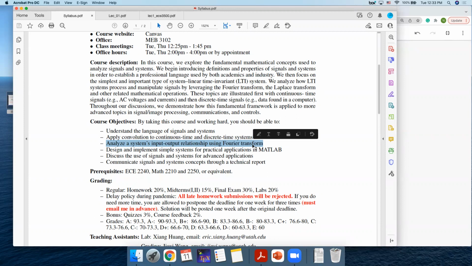At the same time, in the lab sessions, we will also design and implement many different systems using MATLAB. So the lab sessions are MATLAB based. You just need to have a computer and have MATLAB installed. I think you can have access to MATLAB.